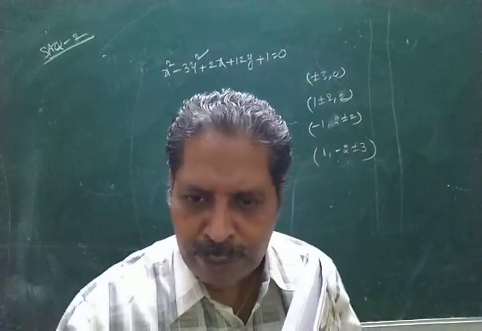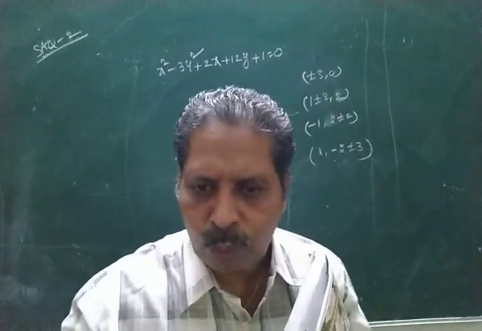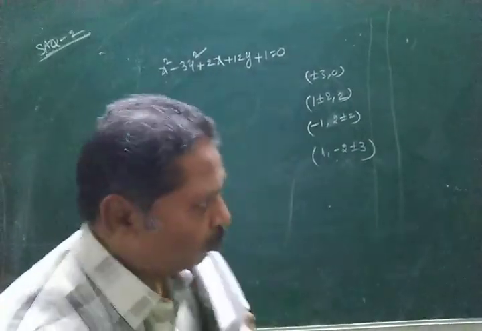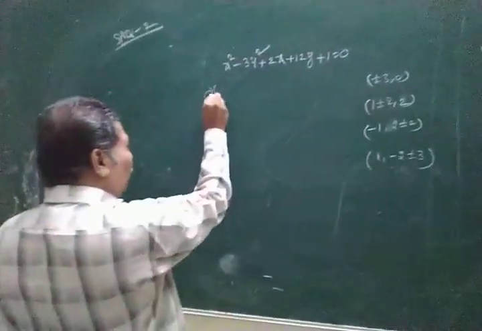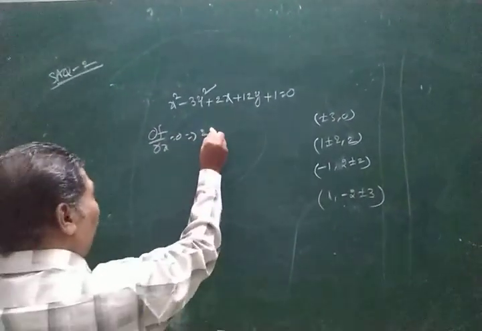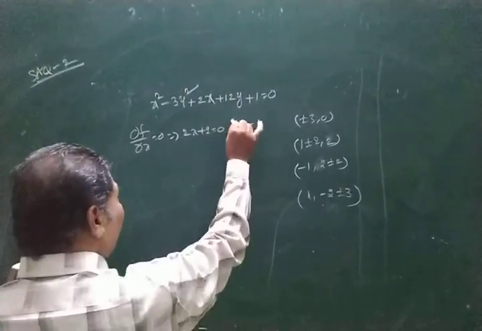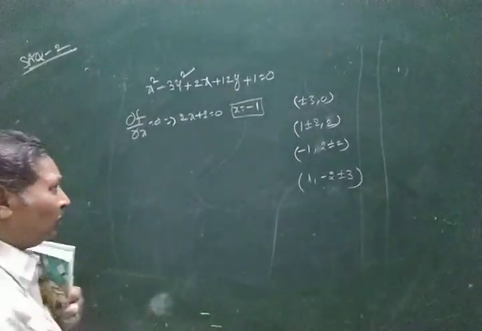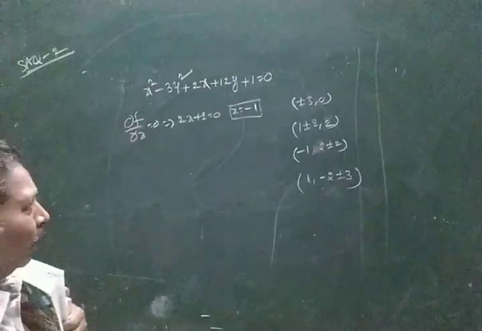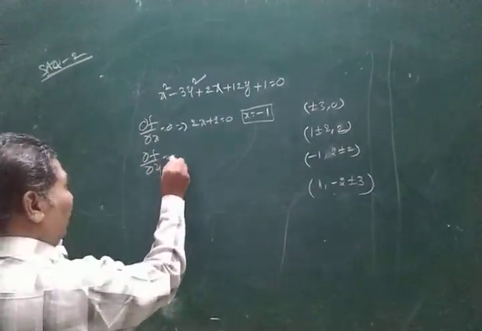Solve the dou f by dou x equal 0 and dou f by dou y equal 0. We get the center. So first calculate dou f by dou x equal to 0. 2x plus 2 equal 0. X value minus 1. Dou f by dou y equal to 0.